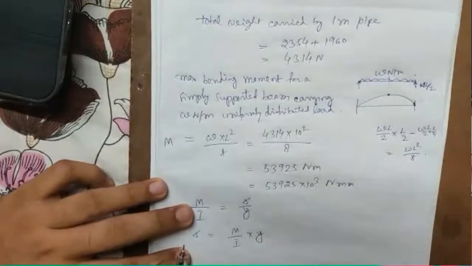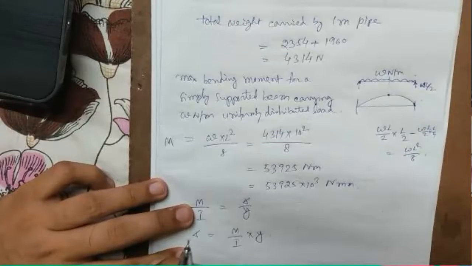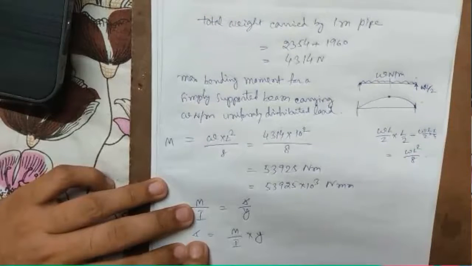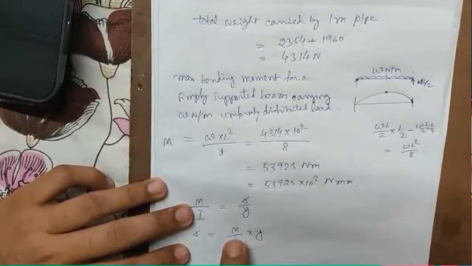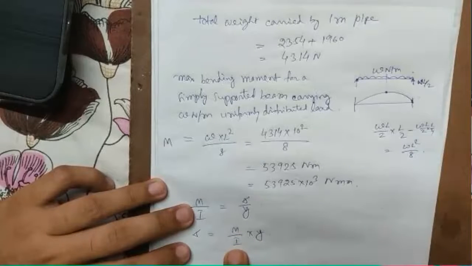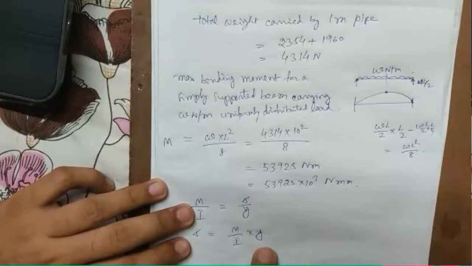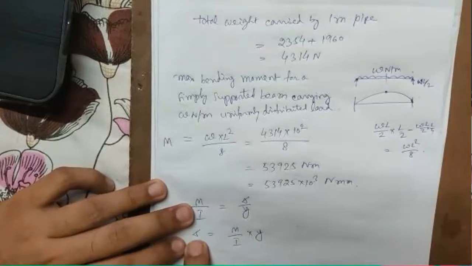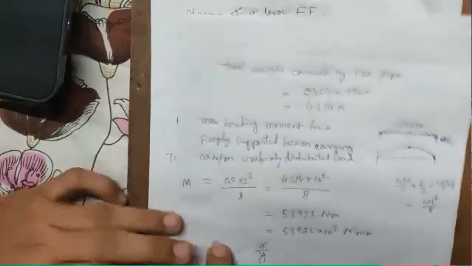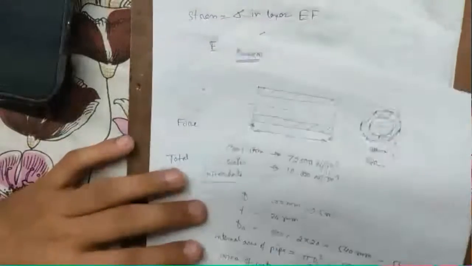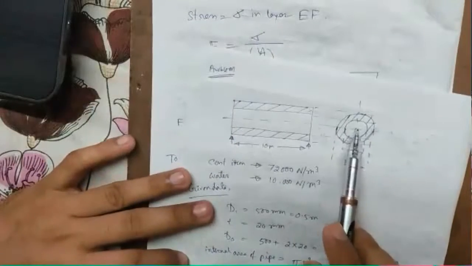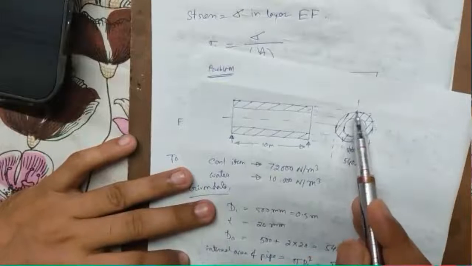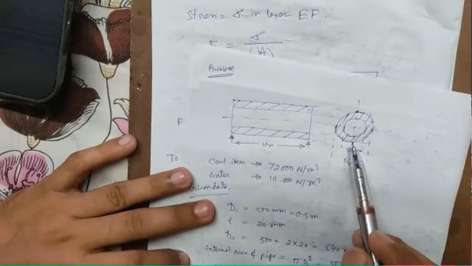Now, when will the stress be maximum? The stress will be maximum when y is maximum, because M is known and I has a fixed value. So sigma totally depends on y. When y is maximum, sigma is maximum. Just look at this image here. Y will be maximum at the topmost layer or at the bottommost layer.